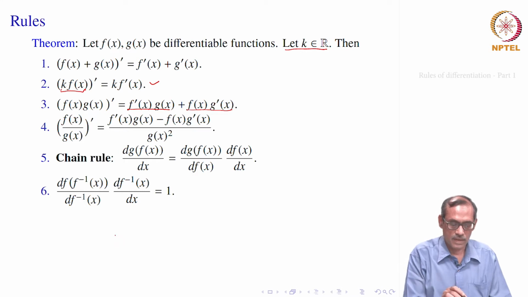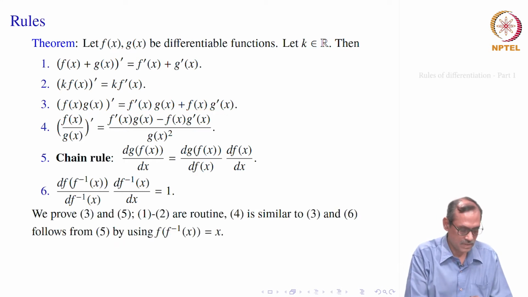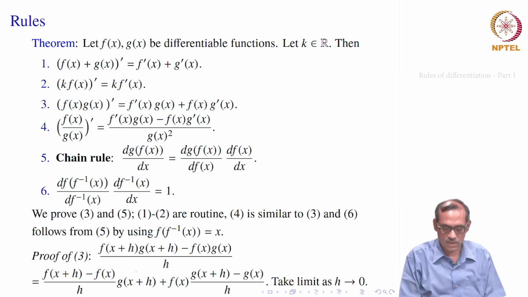Okay. Of course, we can see this, it is not difficult. We have the derivative of f x g x on the left side. So, we have to compute the limit of its increment, which is f of x plus h into g of x plus h minus f x times g x, divided by the increment in x, which is h. For the time being, forget the denominator h, we will divide later.